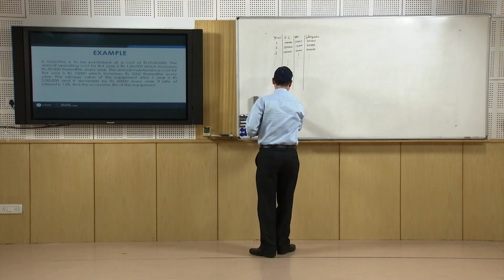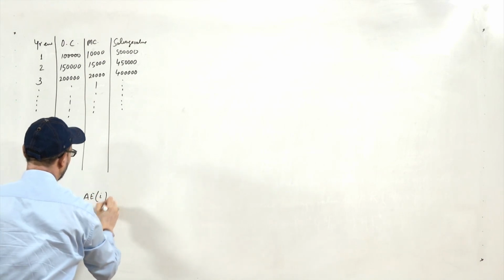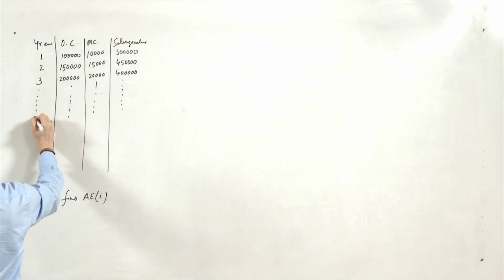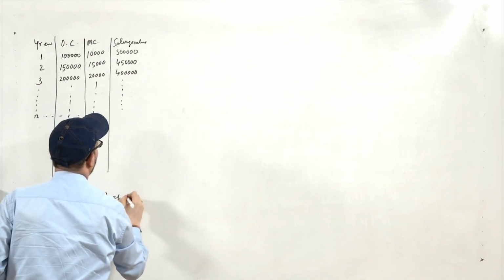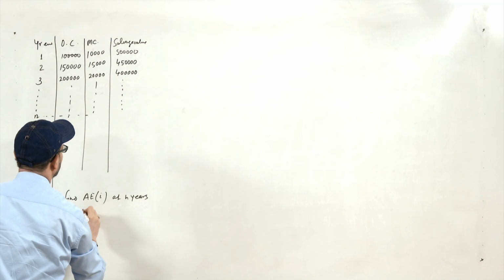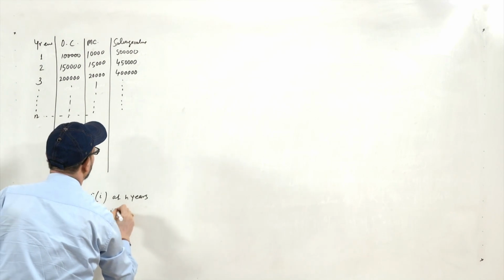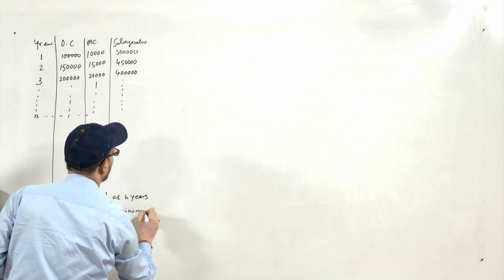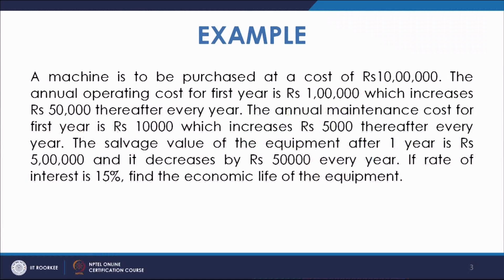Basically, we have to find the time when this machine, if used for that many years, gives you the minimum annual equivalent.